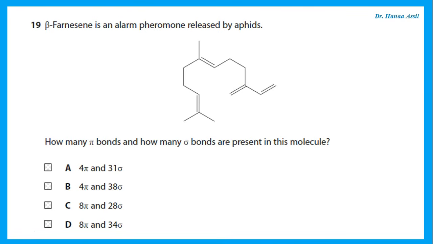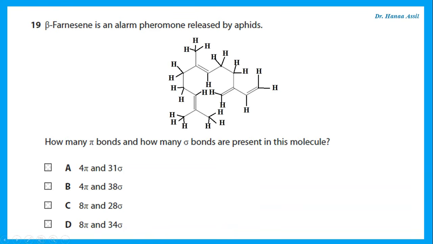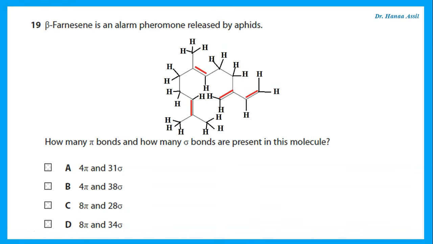This compound is an alarm pheromone released by aphids, and the question is how many pi bonds and how many sigma bonds are in this molecule? Well, if we draw out all of these, they are all sigma bonds, and the double bonds we know are made up of 1 sigma and 1 pi.